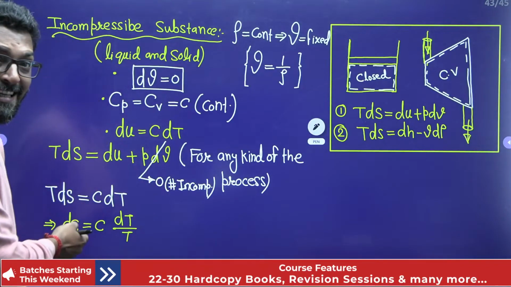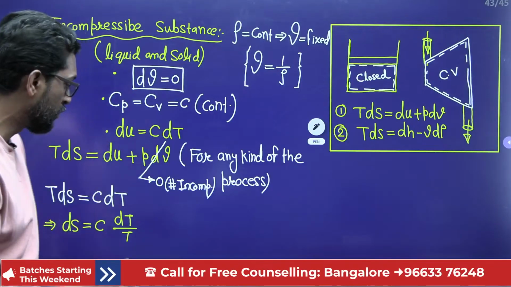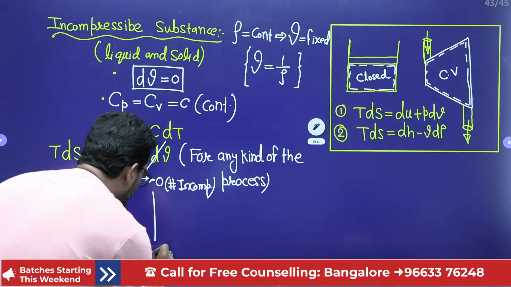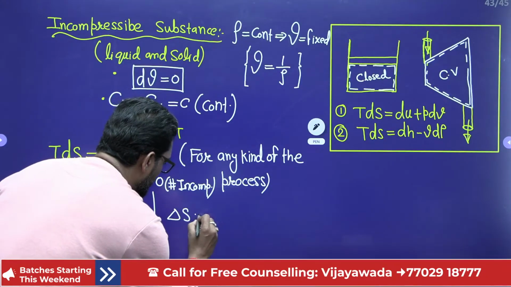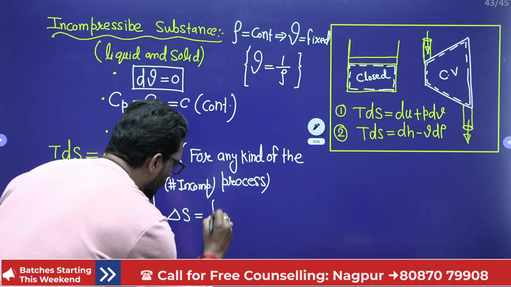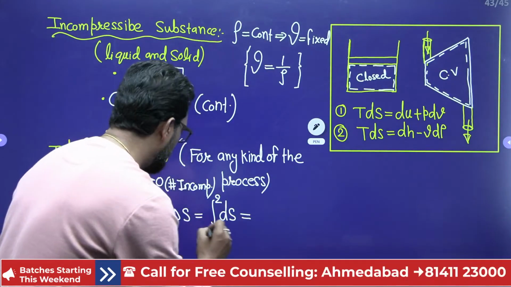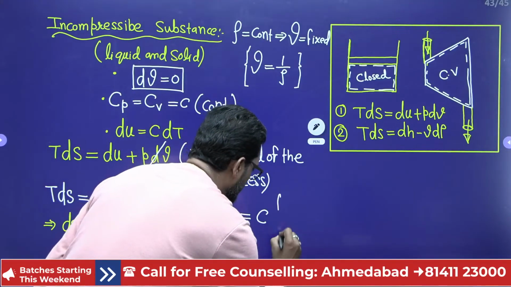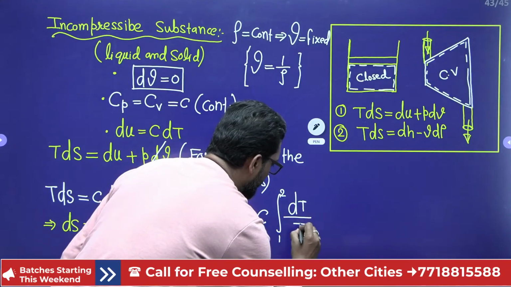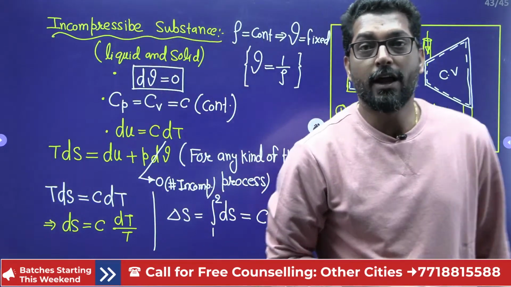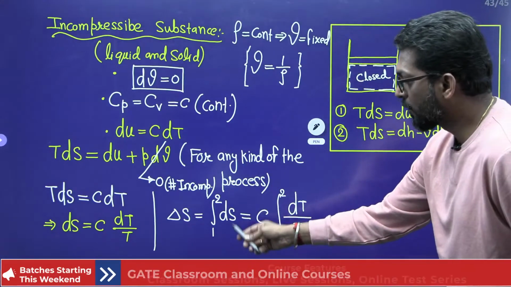Now, if we integrate from the process 1 to 2, that means the system will undergo the process 1 to 2, we can write here like that: delta S is equal to integration 1 to 2 dS is equal to, C is the constant, integration 1 to 2 dT by T. Now, what is the change in entropy from point 1 to point 2?